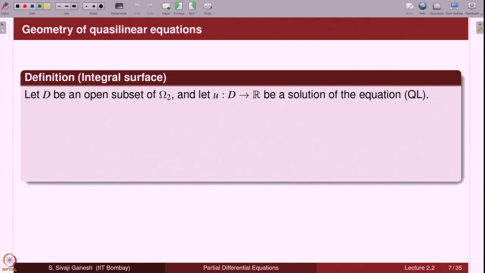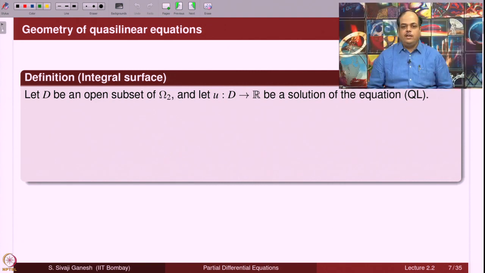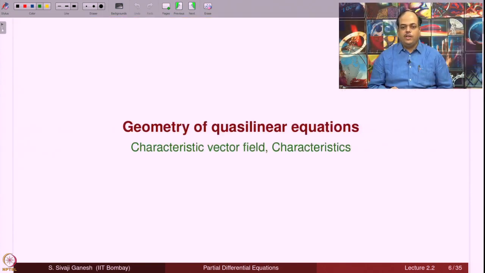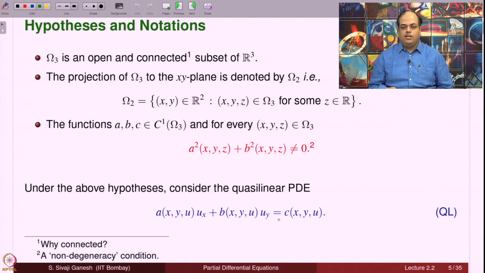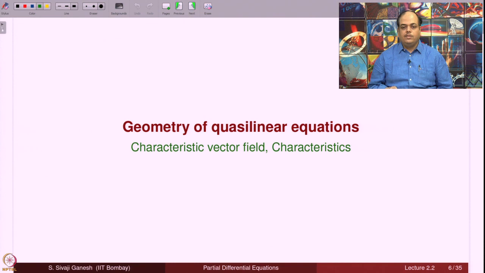The equation A of x, y, u of x y times u_x of x y plus B of x, y, u of x y times u_y of x y equal to C of x, y, u of x y is satisfied at every x y in D, that is the meaning of solution.